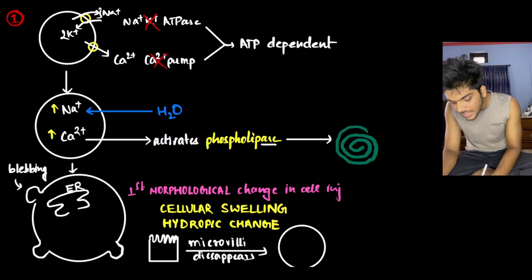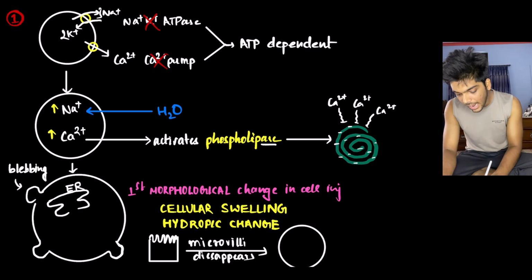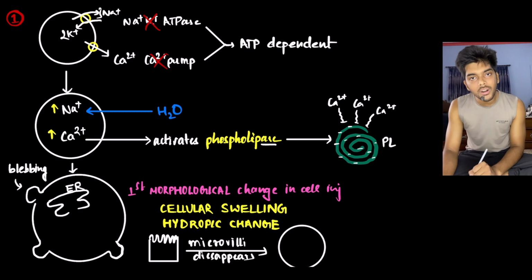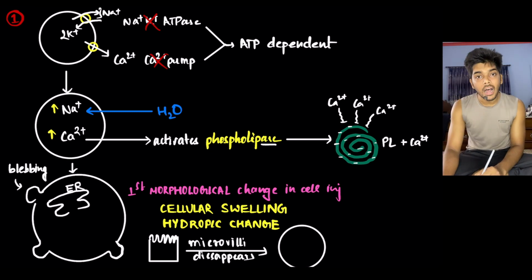And the phosphates are negatively charged. These negatively charged phosphates attract the positively charged calcium ions, intracellular calcium ions. What we have here at the end is broken down phospholipid plus calcium ion. How are they present?